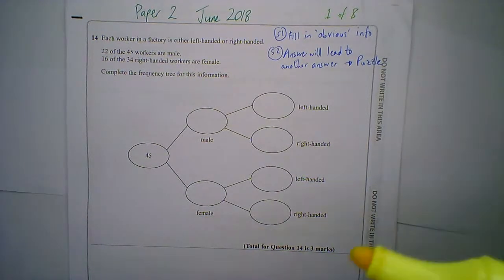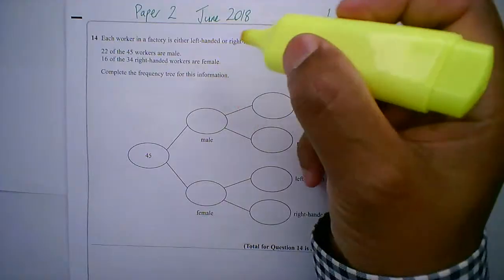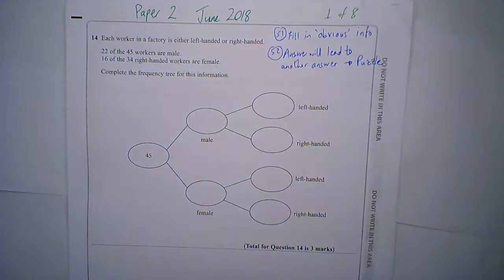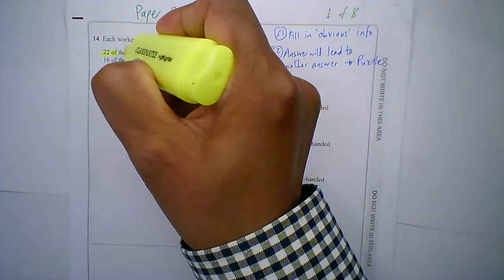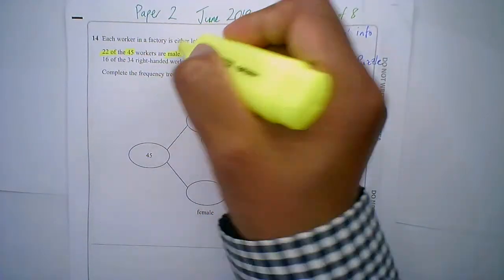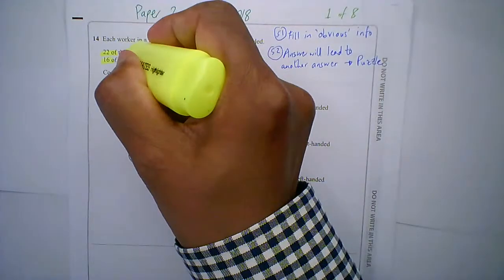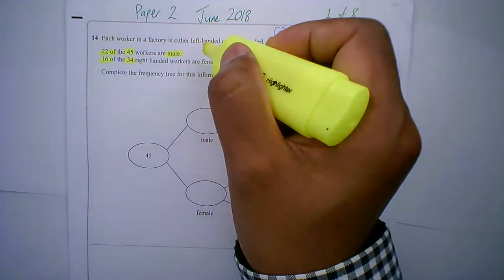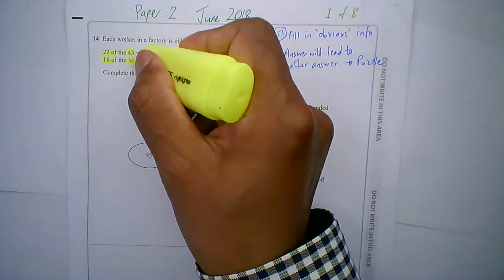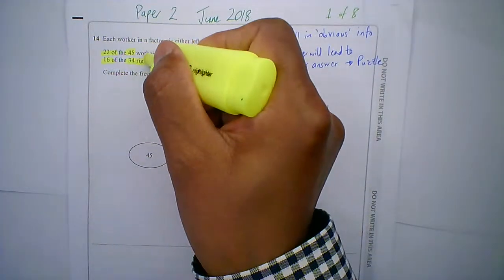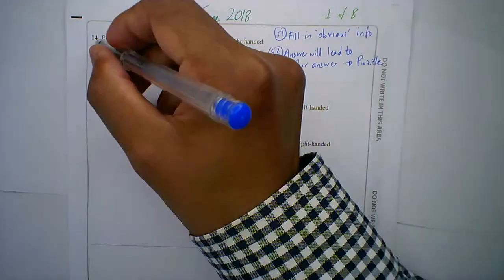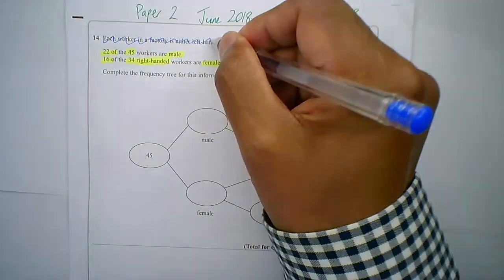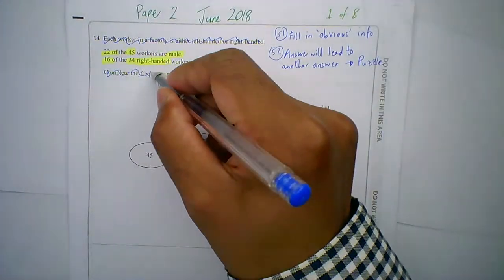Each worker in a factory is either left-handed or right-handed. 22 of the 45 workers are male. 16 of the 34 right-handed workers are female. Complete the frequency tree for this information. If you think about it, we don't need this first sentence, and this last sentence we don't need.